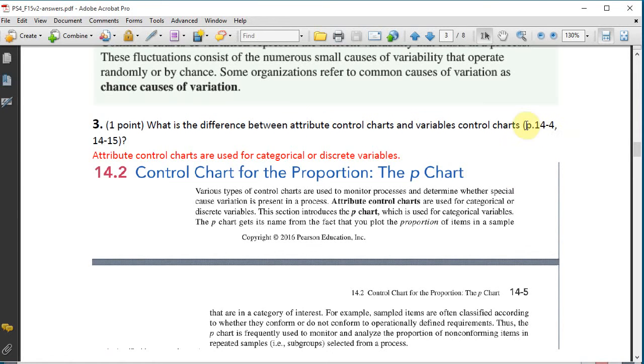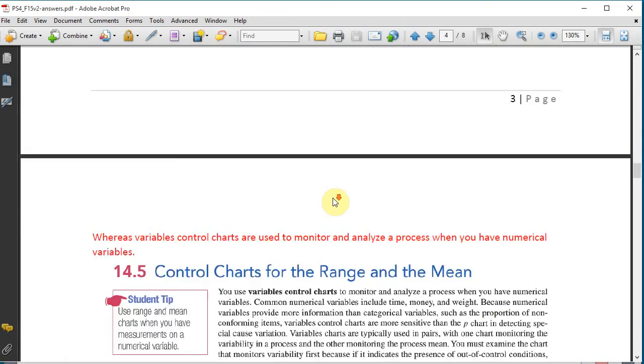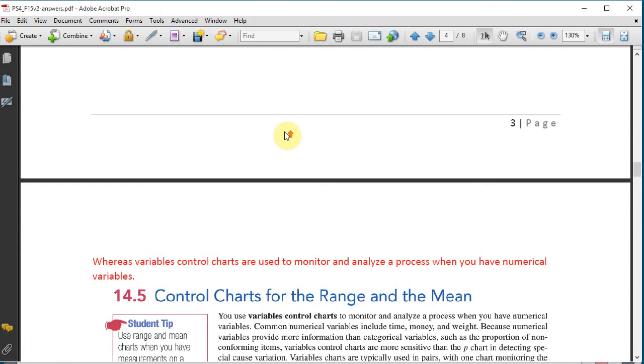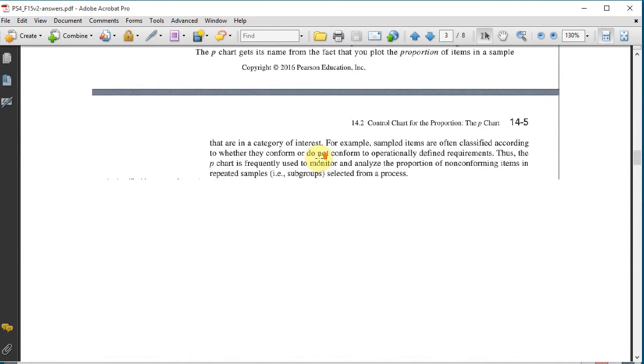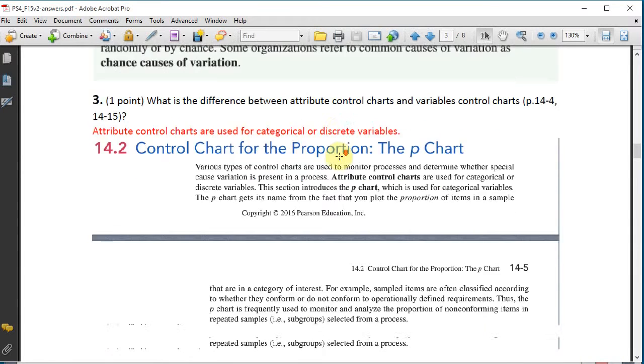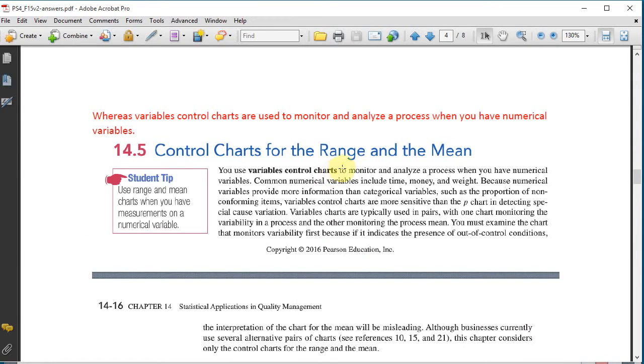We can look on page 14-4 to see the definition of a P chart, which is a control chart. And later on in section 14.5, we learn what the range and the mean charts are, the X bar and R charts.